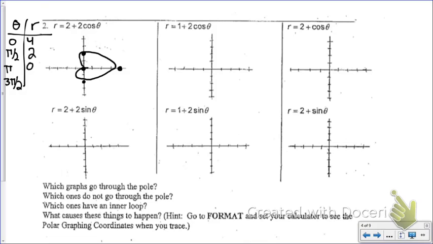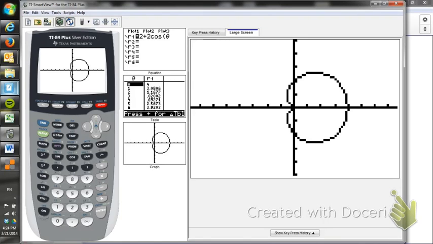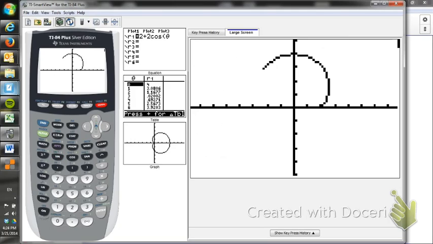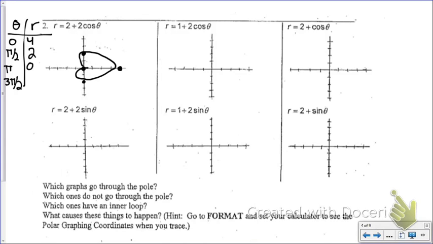When I switched it to sine for circles, it made it vertical. Well, it's going to do the same thing on this graph. It becomes vertical, and it still goes through those same points. And now if I were to switch that to 2 minus 2 sine theta, just like it did before, that would flip it.